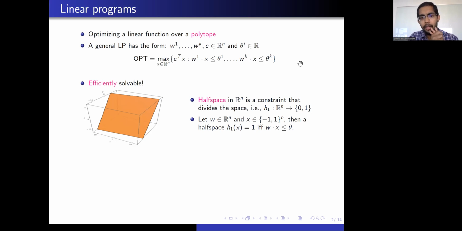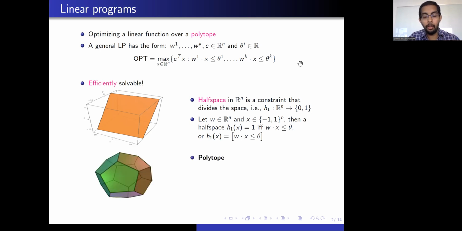X is an n-dimensional vector, an n-bit Boolean string. We say the half space H defined by W is 1 if and only if the inner product between W and X is at most theta. In other words, we can write this half space as an indicator function, where the inner product between W and X is at most theta. So that is a single half space.